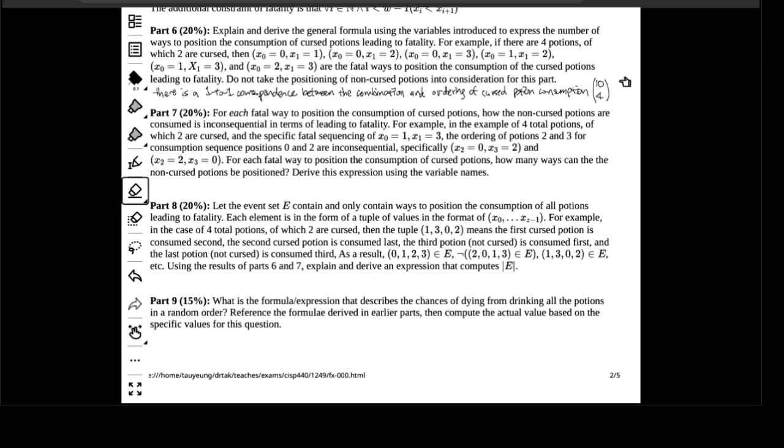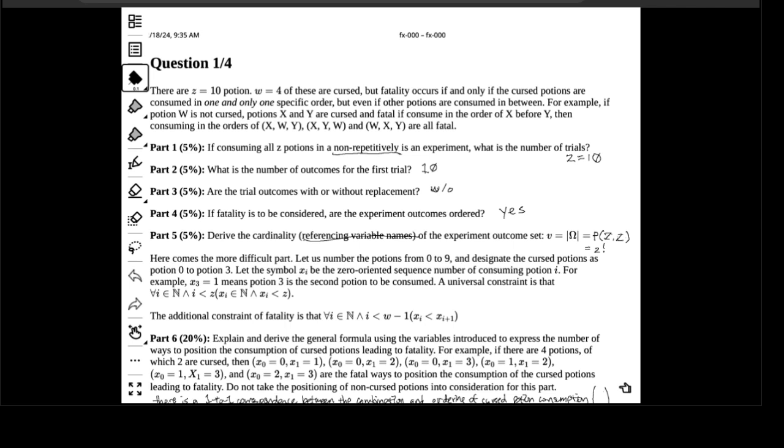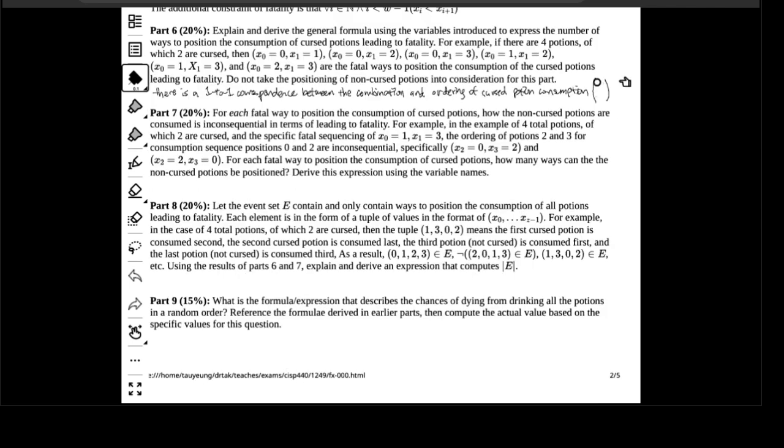Okay, so let me fix that. We're not supposed to be using the actual number here. So we are supposed to be using the variable names. So that would be, let me see, I cannot remember the symbol, Z, W. Okay, so we're looking at Z choose W.